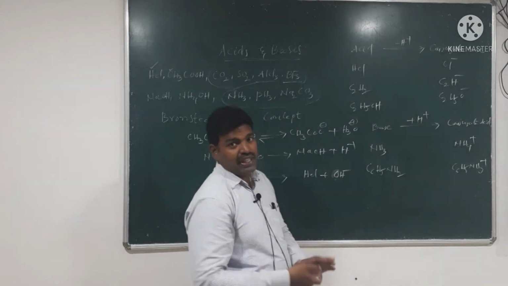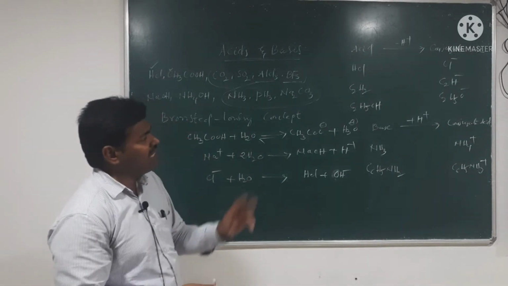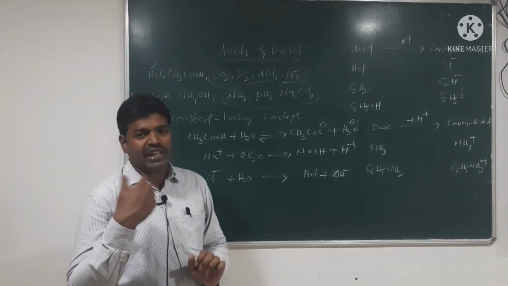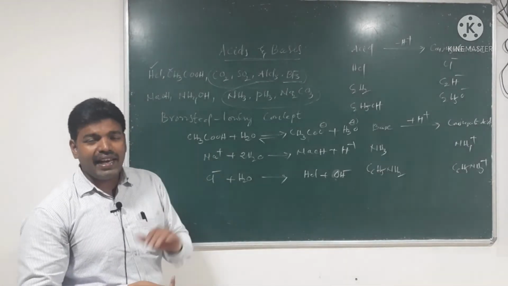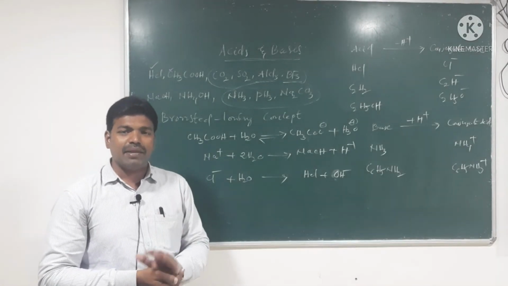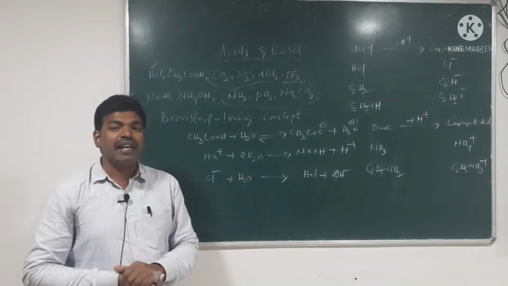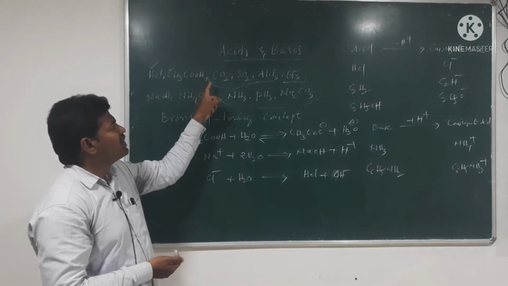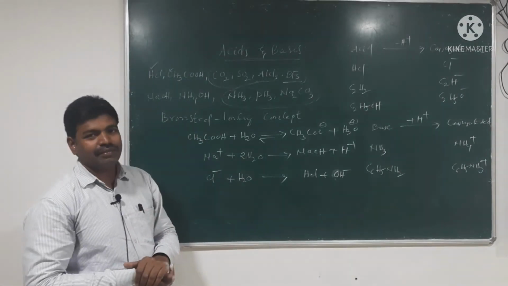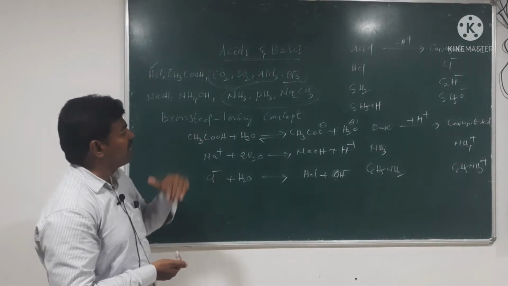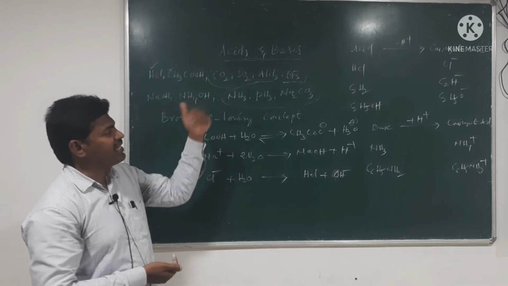Of course, this theory can explain the conjugate acid-base pair. This theory states that a cation acts as an acid and an anion acts as a base, but it fails to explain the acidic nature of CO2, SO2, AlCl3 and BF3, and the basic nature of certain bases.